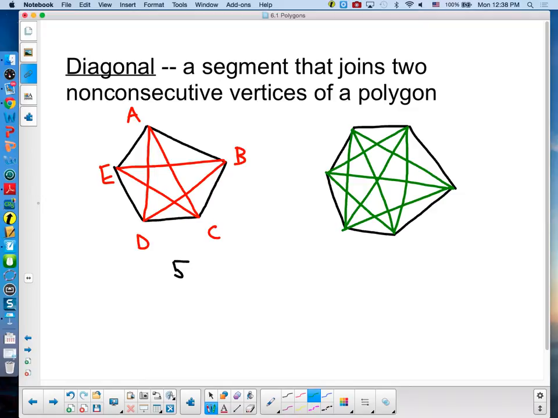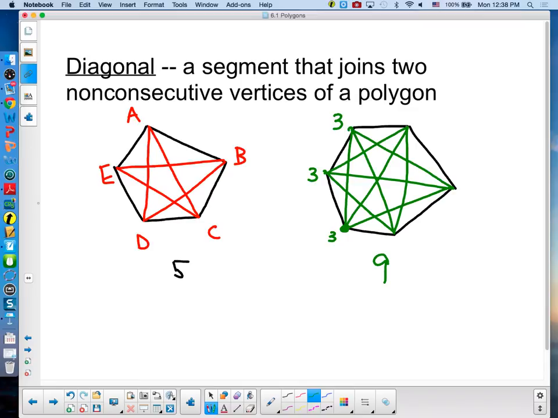That one. Not consecutive. Okay, there should have been 9 diagonals there. Now there is a pattern. You'll notice that from every corner there were 3 diagonals. 3 from this one, 3 from that one.